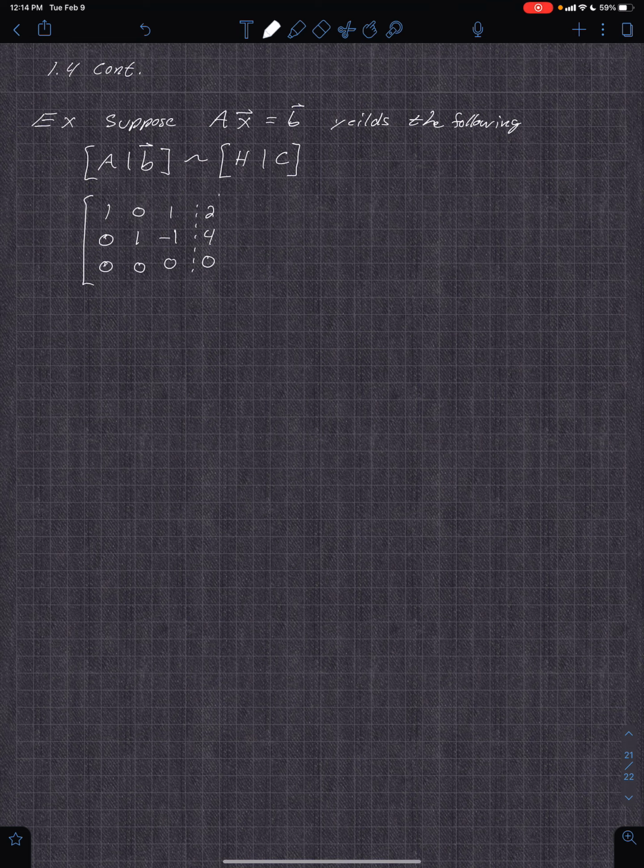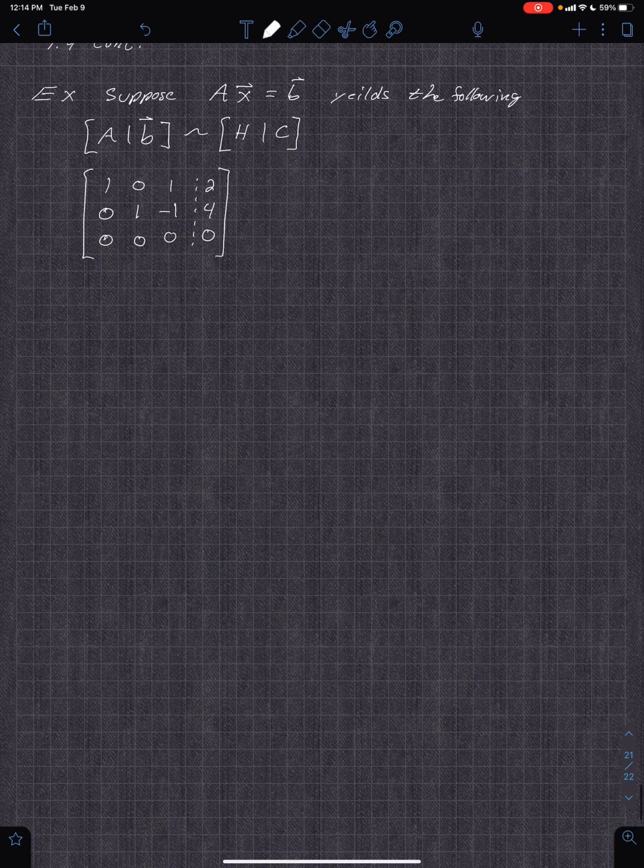So if you get something like that, then always keep in mind you have X, Y, Z, and your constant. And so the last row we want to consider as your Z variable. So think of it as X, Y, Z. And so basically what we have is 0 times Z equals 0.